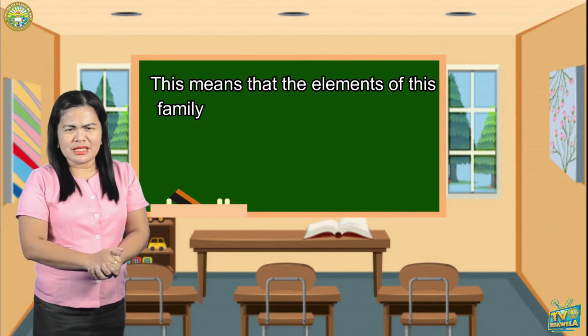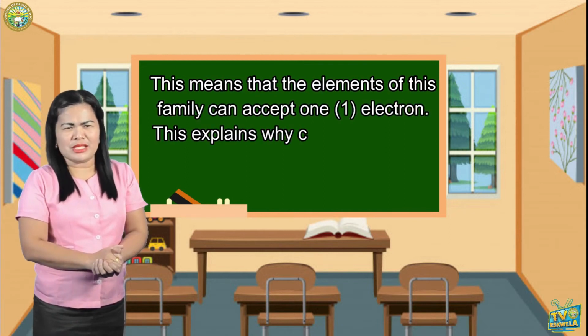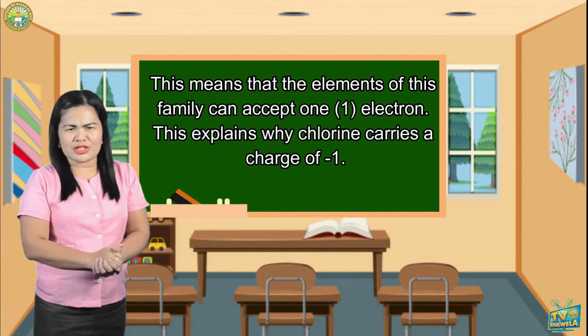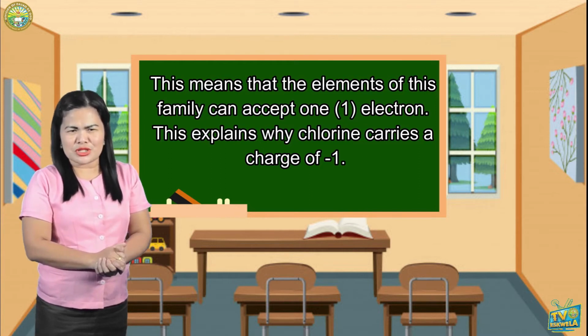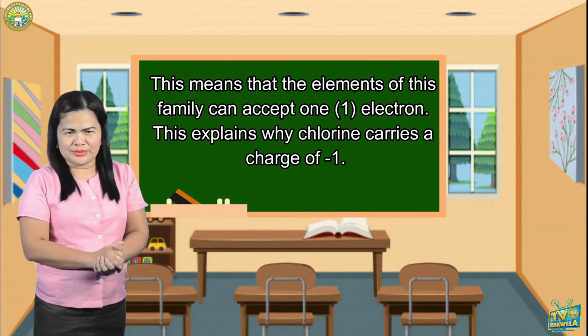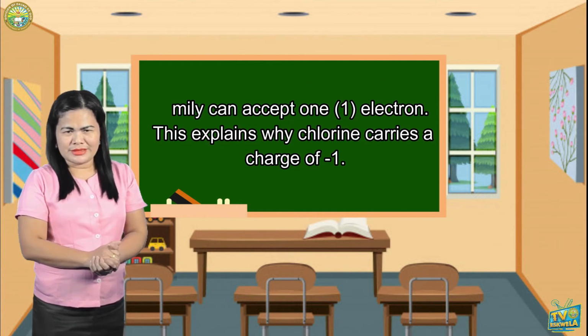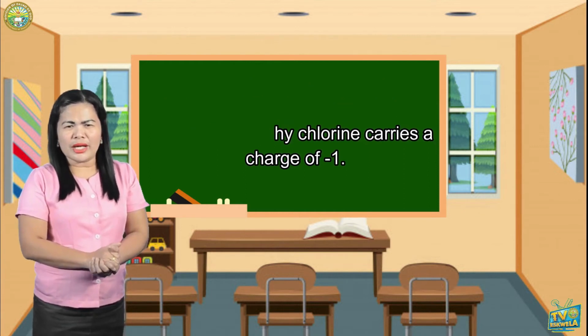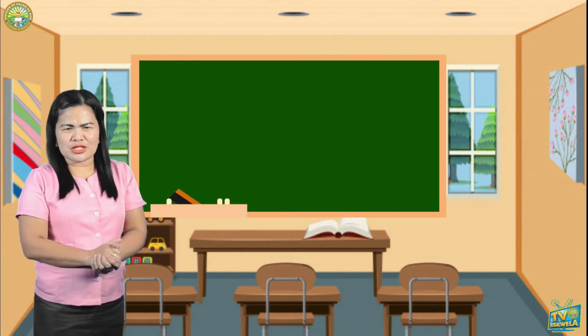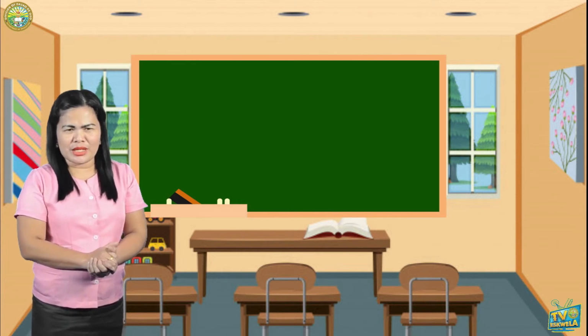This means that the elements of this family can accept one electron. This explains why chlorine carries a charge of negative 1.